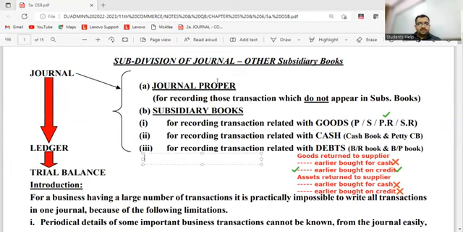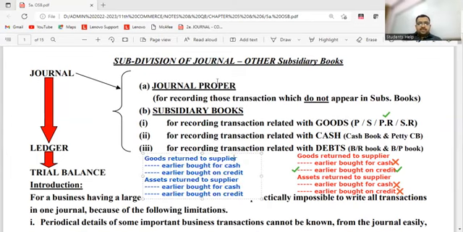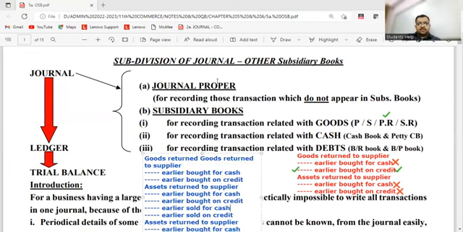Similarly, children, goods returned by customer earlier sold for cash or earlier sold on credit. Just hold on, children.